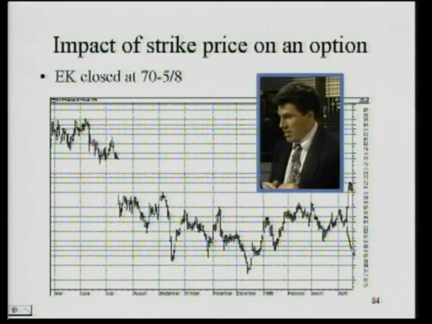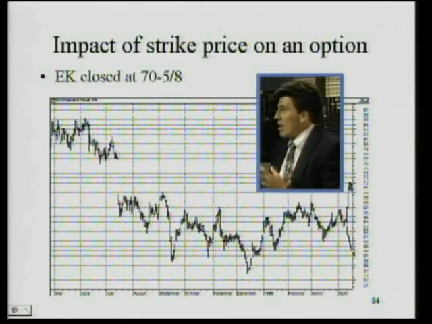There's the good news. It goes up big. But you got the big wrong. How big is big? If you bought the 70 call, you lost money because it went up but not enough. If you bought the 65 call, you made money, because our break even was 69 and it went up to 70 5/8.